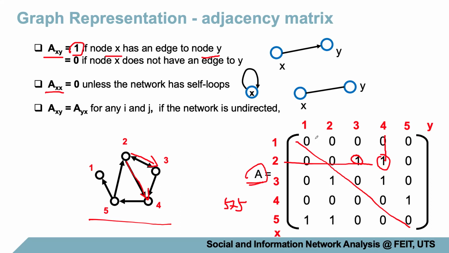If there is a self-loop, then we set the value as 1. And also, if the network is undirected, then that means A_XY will be equal to A_YX. In that sense, we only need to keep half of the matrix to represent the graph.